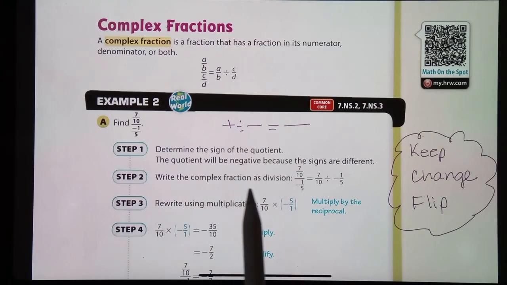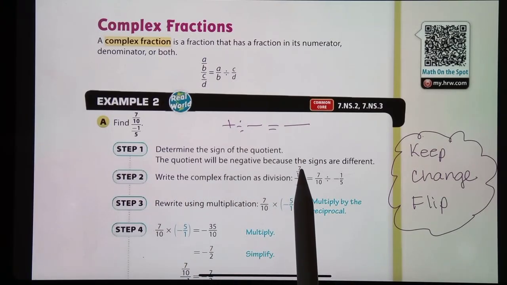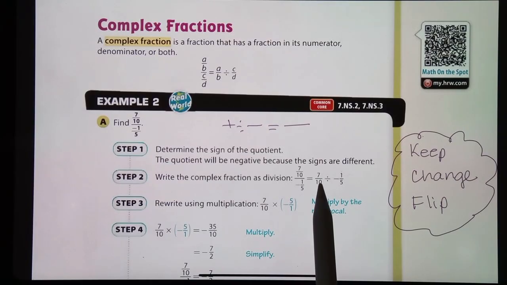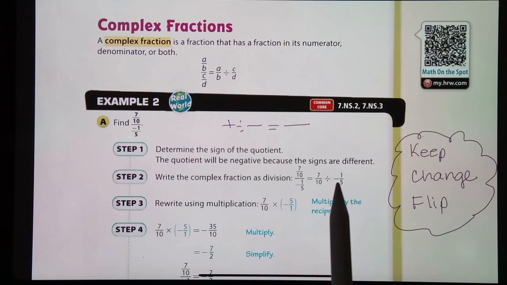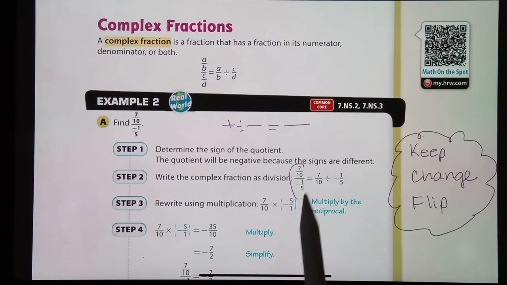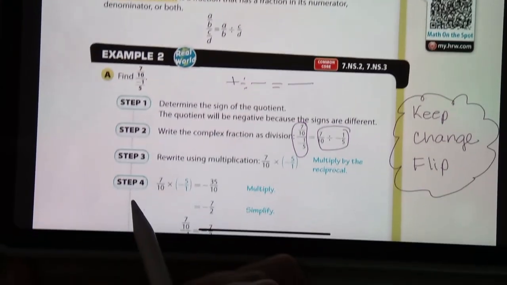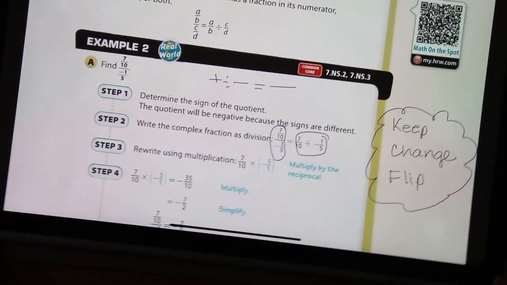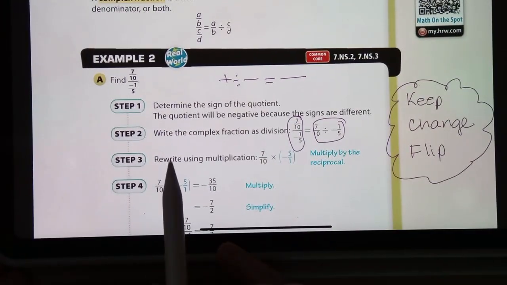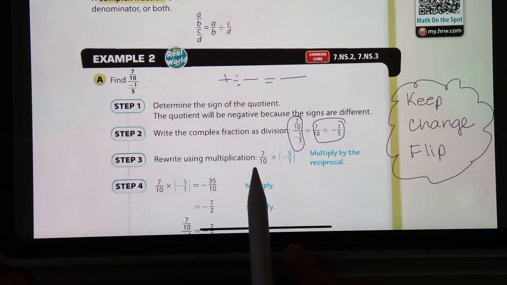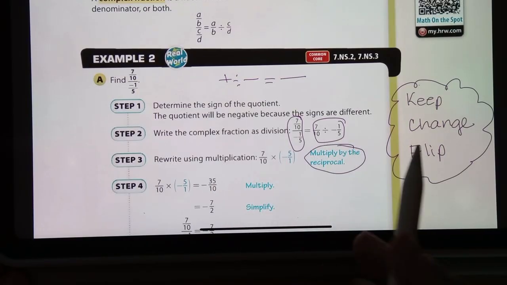Write the complex fraction as division. So 7/10 divided by -1/5 is equal to 7/10 divided by -1/5. These two are the same, only written a little bit different. When you divide fractions, you rewrite it using multiplication. You multiply by the reciprocal.